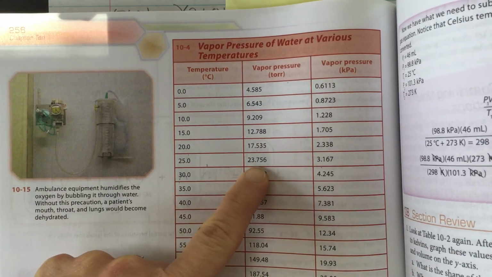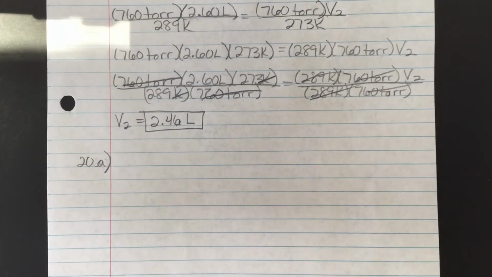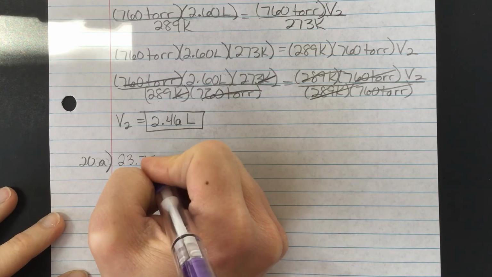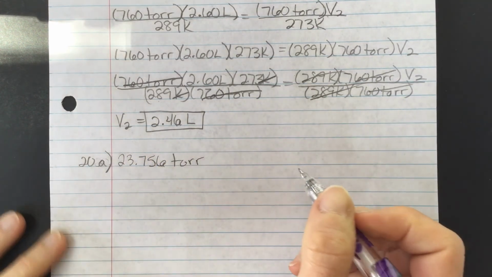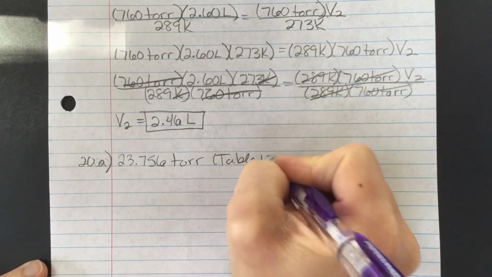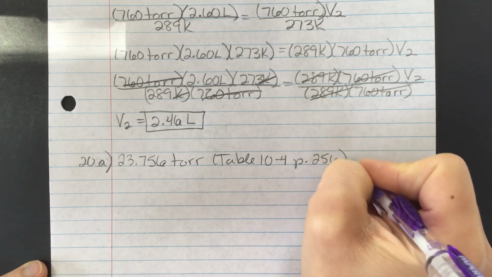So it's 23.756 torr is the vapor pressure. So I just write that down. Okay, so that is the answer. This is from table 10-4, page 256.